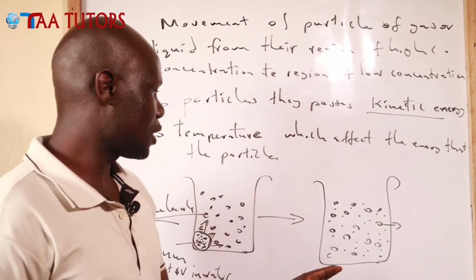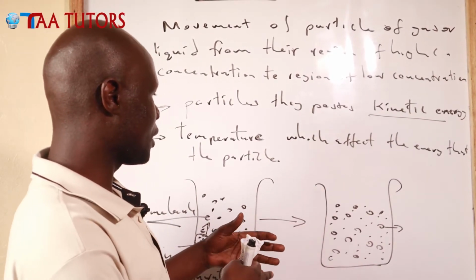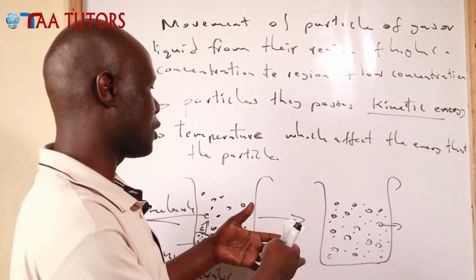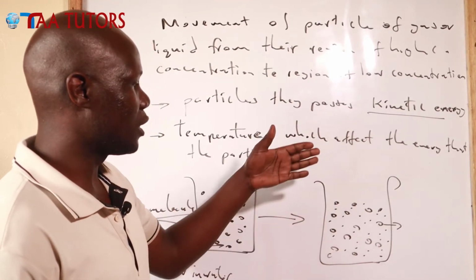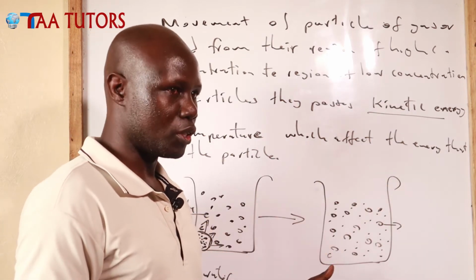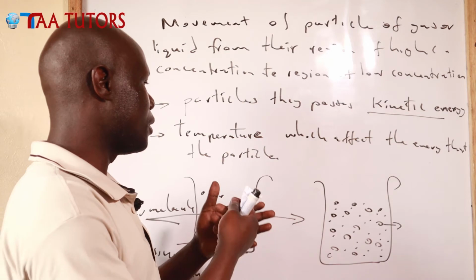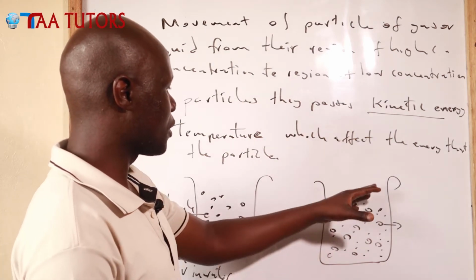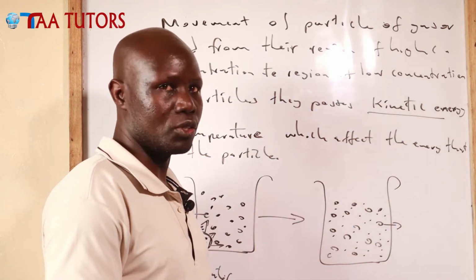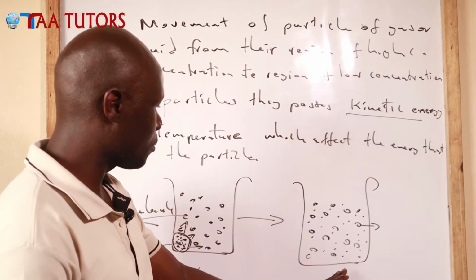The only difference is that at this particular point there is no gradient for them to move in a specific direction. They are evenly distributed, so they are moving in equal directions, maintaining the uniform mixture that we have in this solution. So that is what has happened at this point.